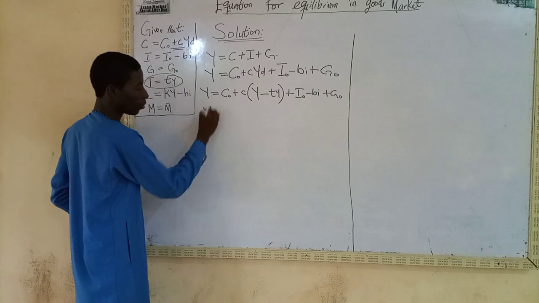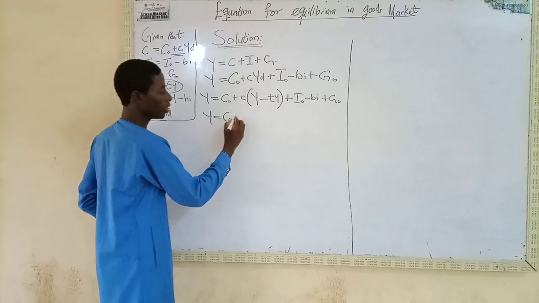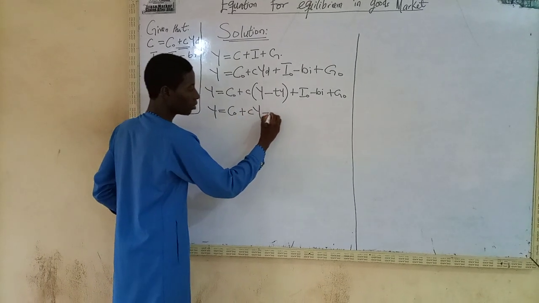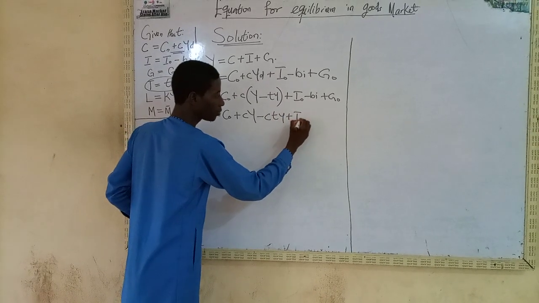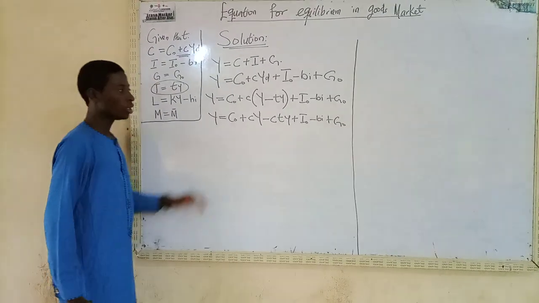So we can have Y equal to C0. We expand the bracket with the small letter c, where we have plus cY minus ctY, followed by plus I0 minus bi plus G0.